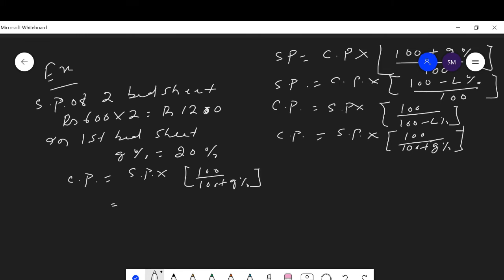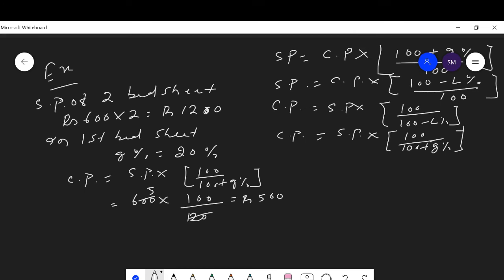Here the CP is equal to 600 into 100 upon 100 plus 20, means 120, which is equal to CP of one bed sheet is 500.